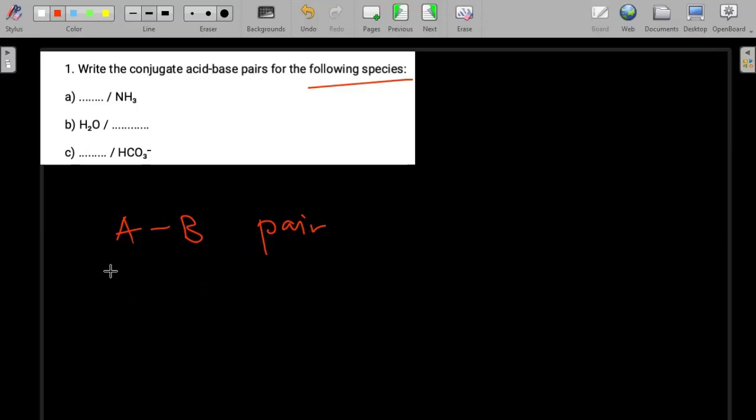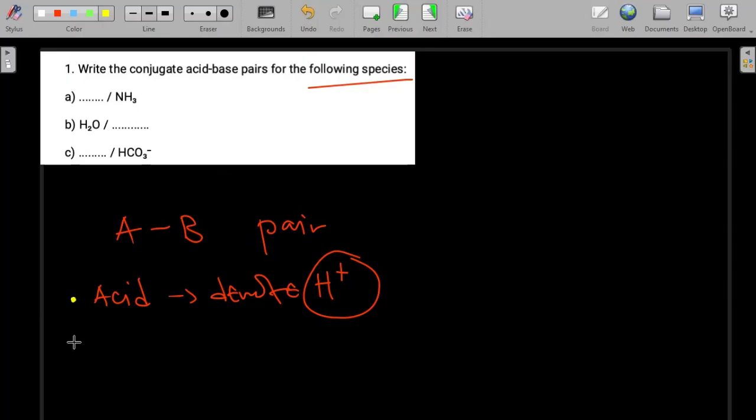Meaning that this acid should be able to donate a proton. A proton will just be indicated by the hydrogen ion. And then the base should accept the H plus.